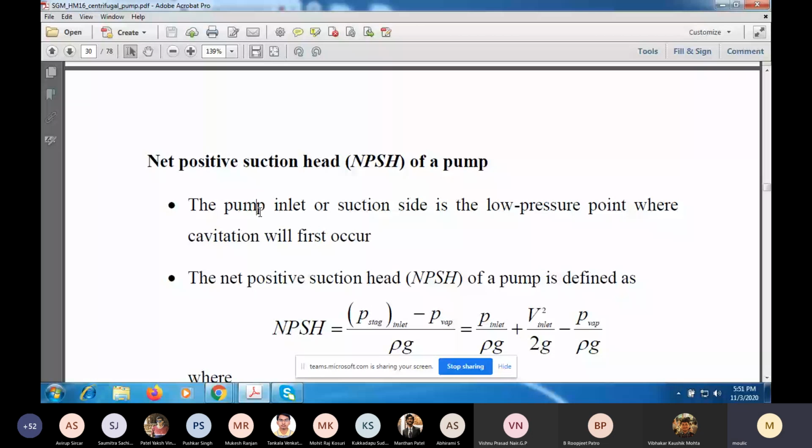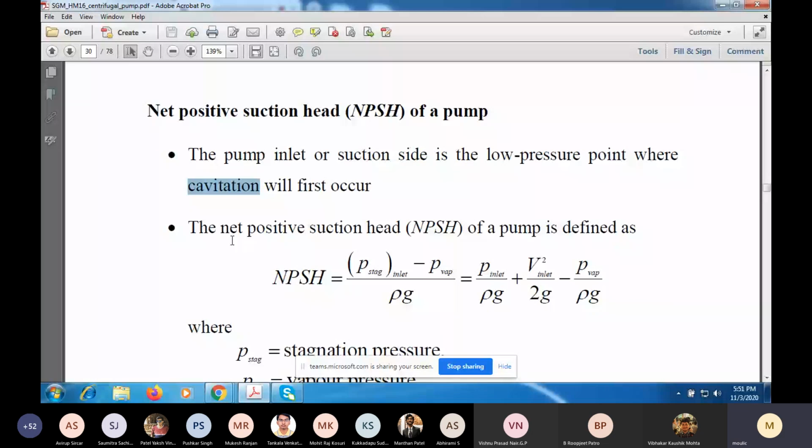So the same fluid will return back through the suction pipe into the pump. So the lowest pressure will occur on the inlet side or suction side of the pump. And if this pressure is below the vapor pressure, then cavitation might occur. Okay. So you want to look at conditions under which cavitation does not occur because you want to avoid it.